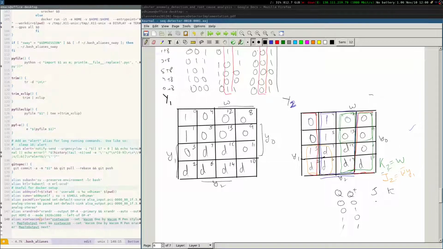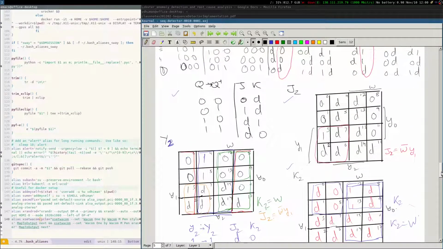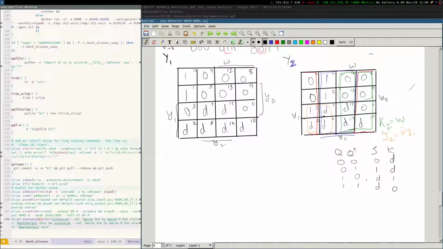When the present state is 0, the K becomes don't care, and J is the same as the next state. And when Q is 1, then K becomes don't care... rather, when the present state is 1, J becomes don't care, and we flip the K.